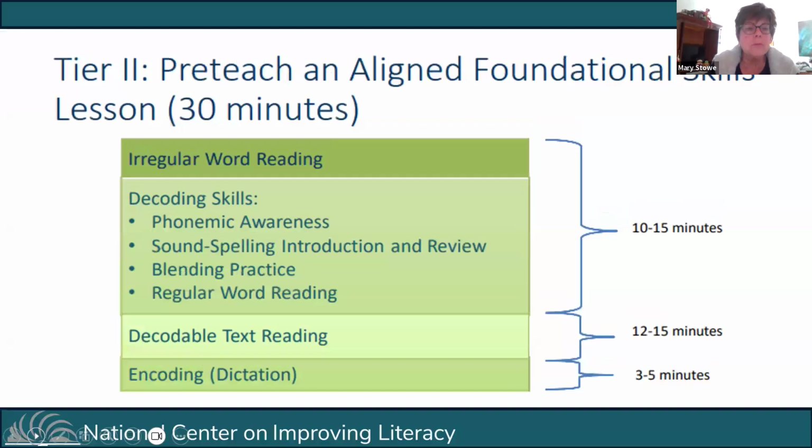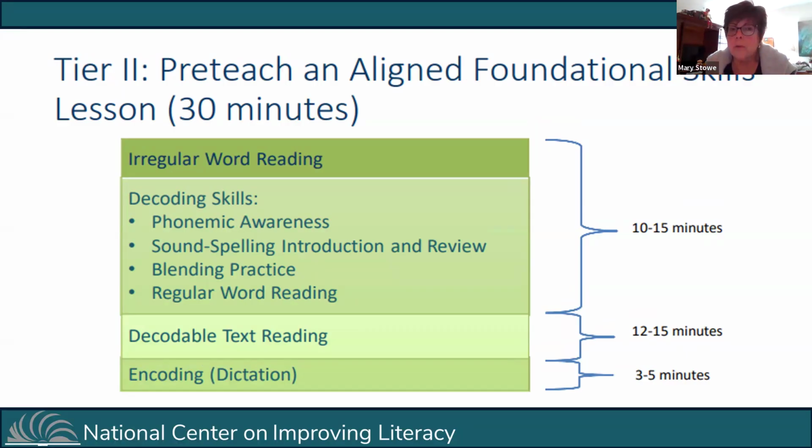By providing the pre-teaching of this lesson, we're hoping that students will be able to engage in the Tier 1 lesson with more participation, with more engagement, and they'll feel more efficacious because they have reviewed and understand these foundational skills that they're working on now as well. Plus, they're now provided extra practice.